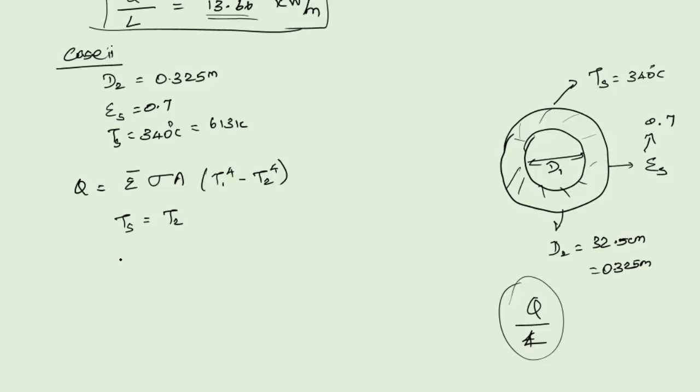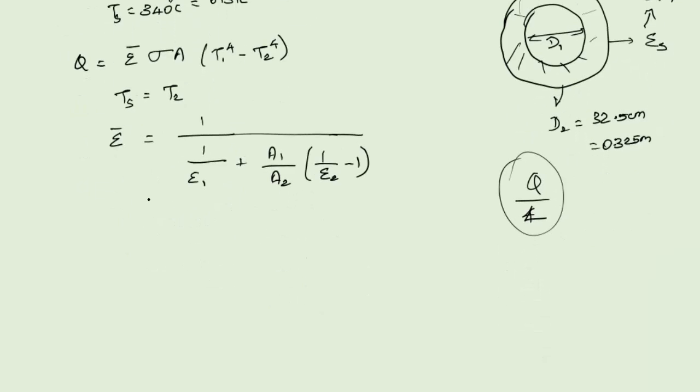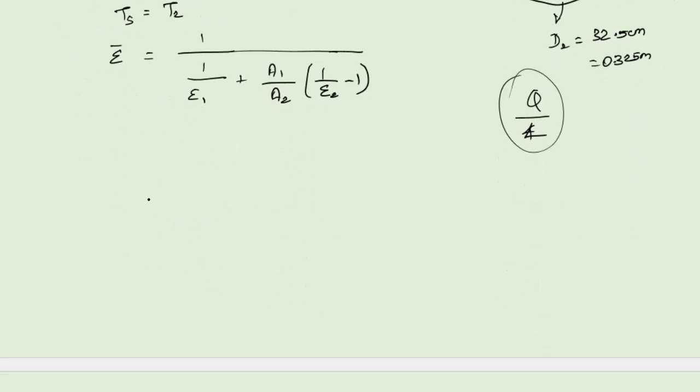So epsilon dash, the formula will be 1 divided by 1 by epsilon 1 plus A1 divided by A2 into 1 divided by epsilon 2 minus 1. If you substitute all the values here, A1 is 2 pi R1 L, A2 is 2 pi R2 L. So 1 divided by 1 divided by 0.8 for epsilon 1 plus A1, which is 2 pi R1 L, divided by 2 pi R2 L.